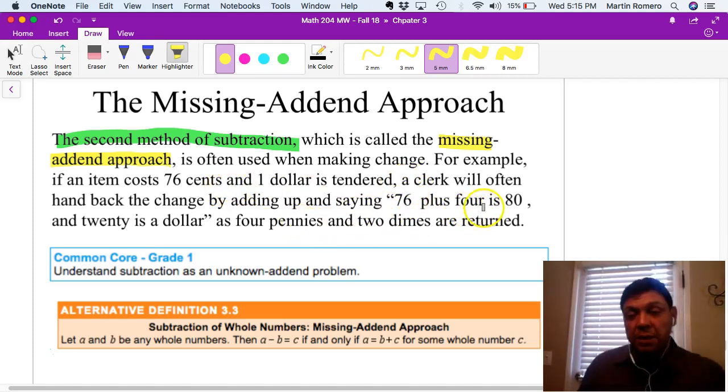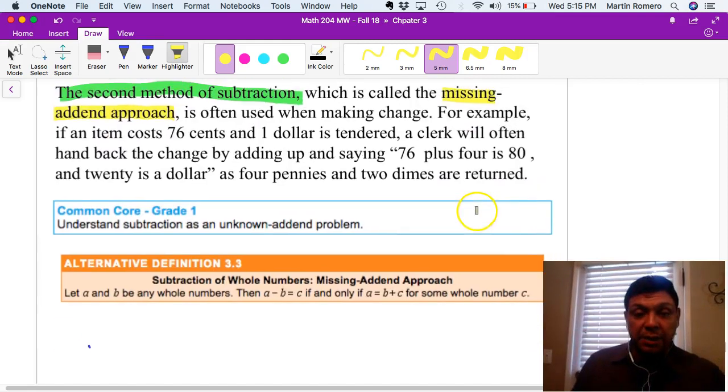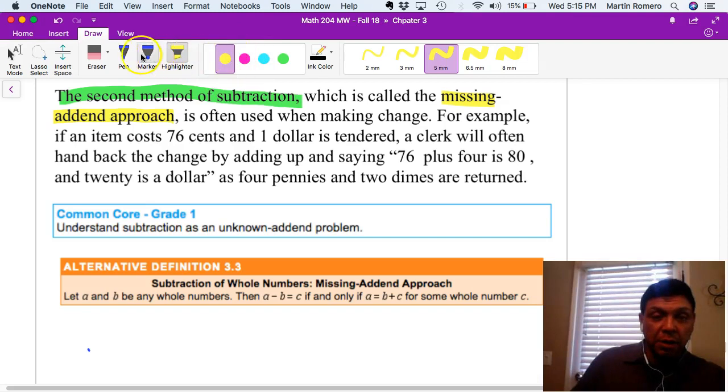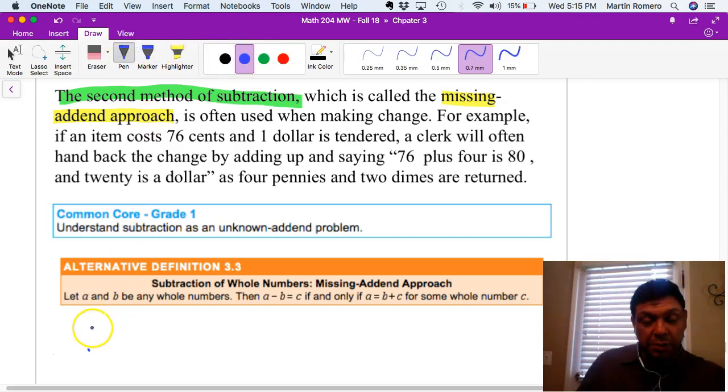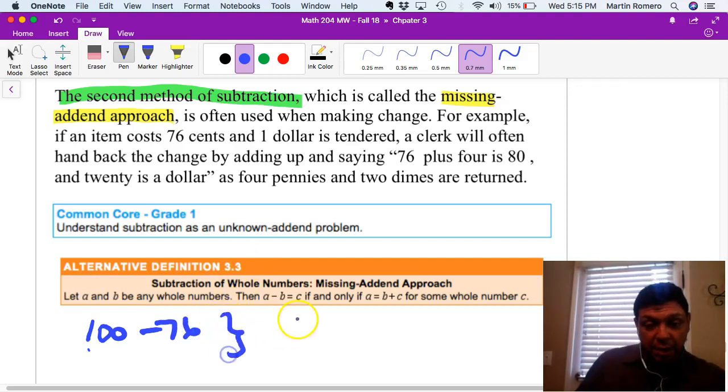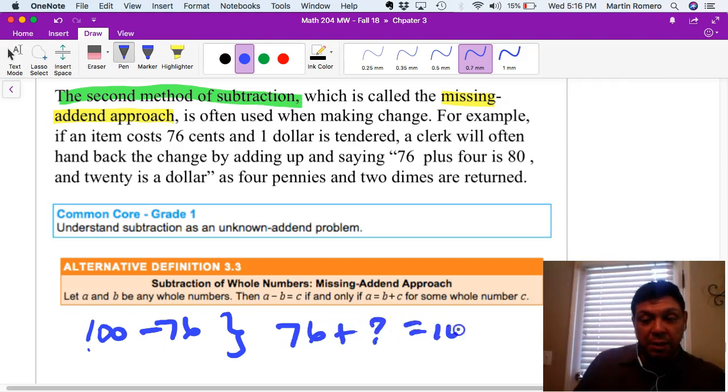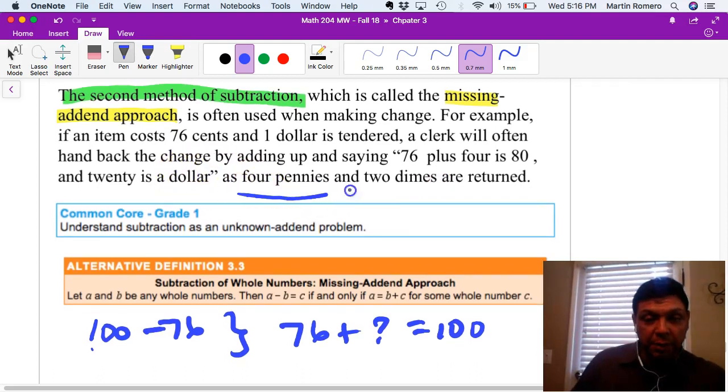Well, they don't have to, but many people do. And so they're counting up. And so this idea of solving this problem, so for example, solving 100 minus 76, actually can be solved by doing 76 plus what equals 100, right? And that's what's being done here when they're counting up there.